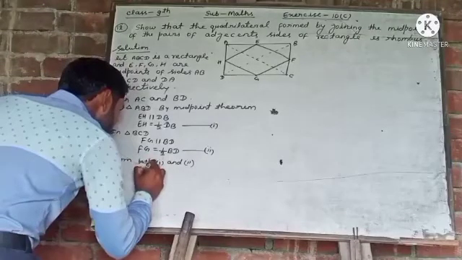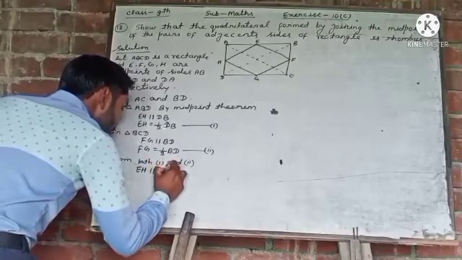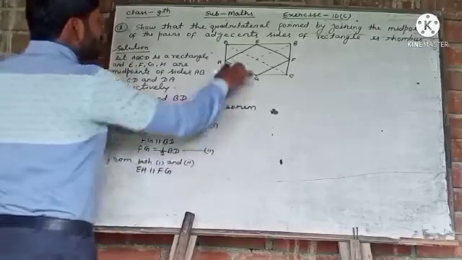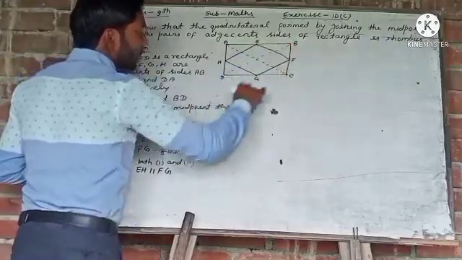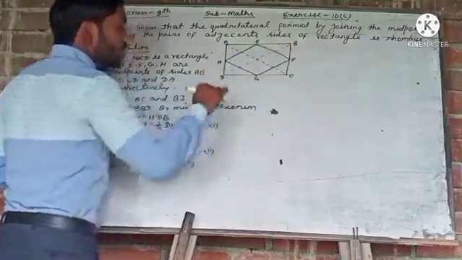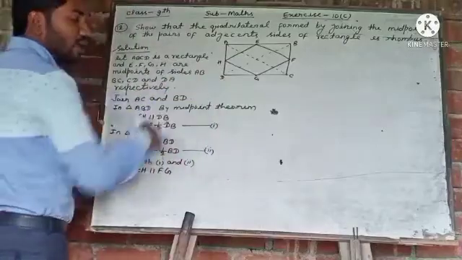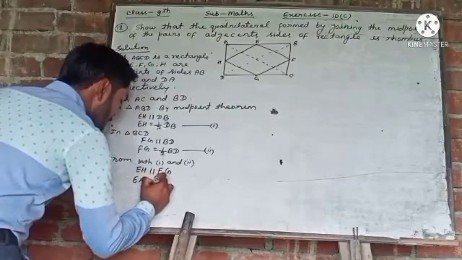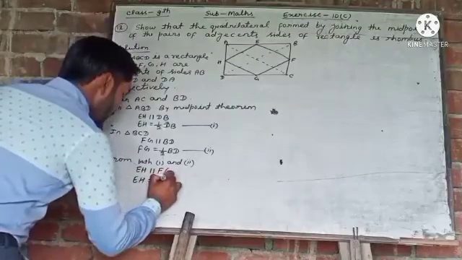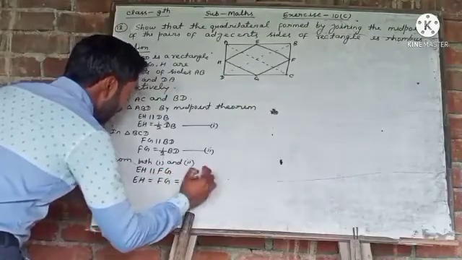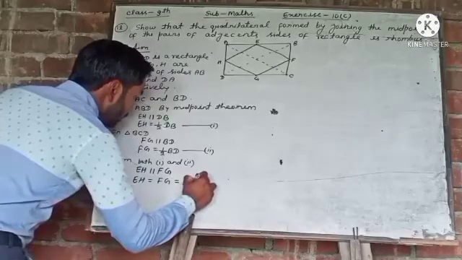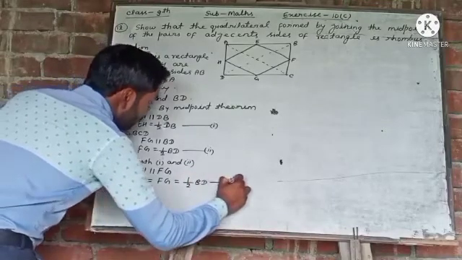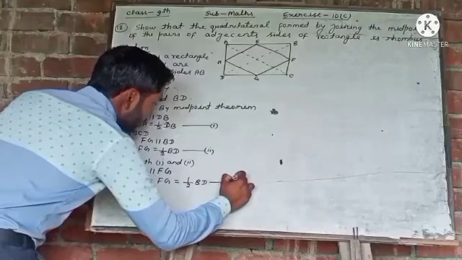So EH is parallel to FG, and EH is half of BD and FG is half of BD, so both EH and FG will also be equal. So EH is equal to FG and both are equal to half of BD. Let this be equation number 3.